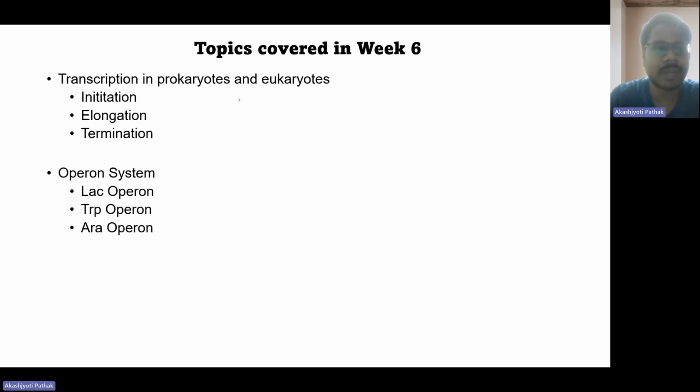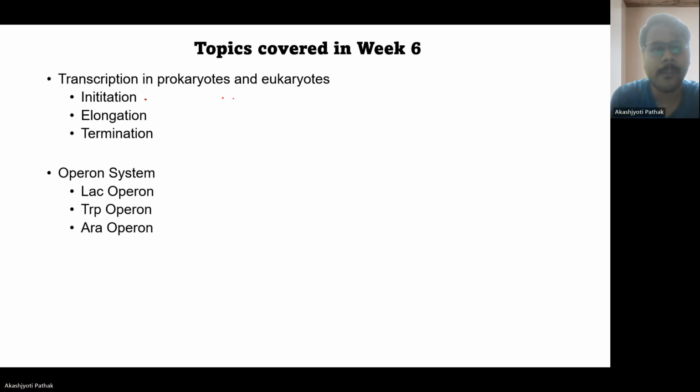Starting with the basics of transcription, what is transcription, and then we moved into how this transcription machinery is carried out in cells. So starting with initiation, just like we had seen in replication, there were three processes: initiation, elongation, termination. Here also in transcription, there are three main processes: initiation, elongation, and termination, right? And then how does the transcription in prokaryotes differ from that in eukaryotes, right?